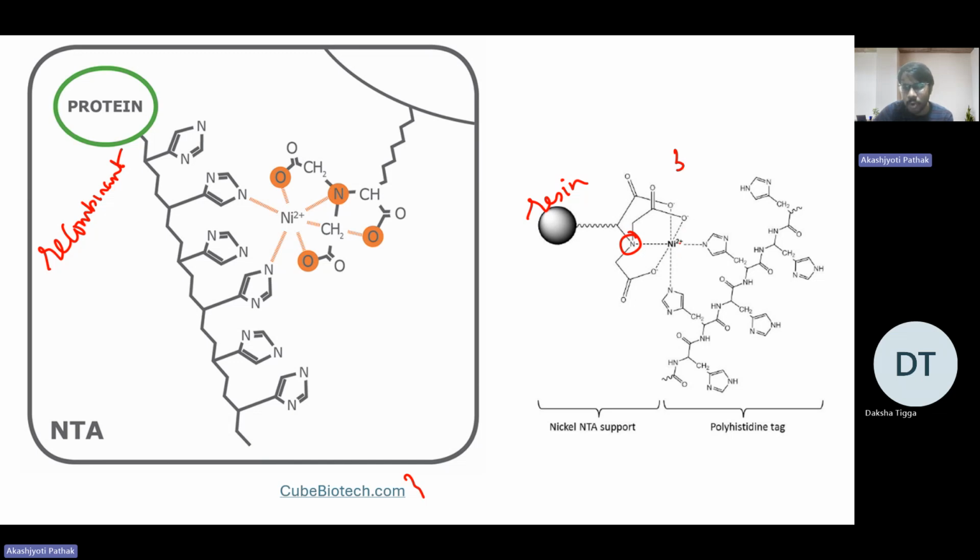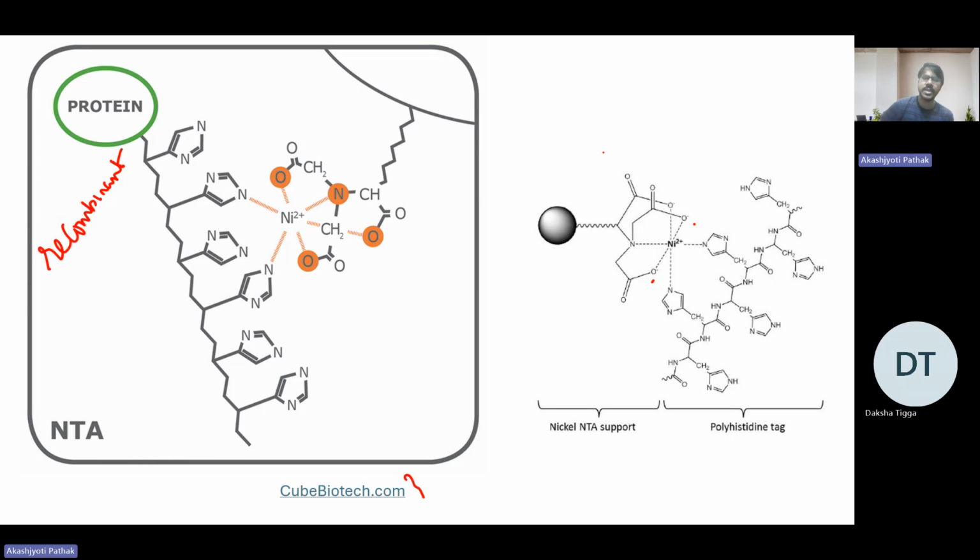This nickel is forming coordinate bonds with these oxygen ions, O minus. It is forming 3 coordinate bonds with O minus, 1 coordinate bond with this nitrogen, and 2 coordinate bonds with 2 of the histidine residues. Okay.